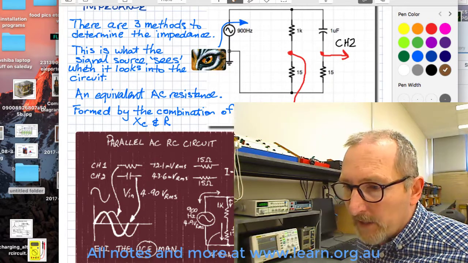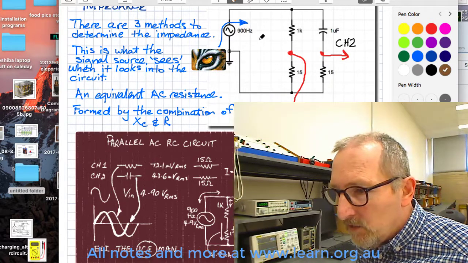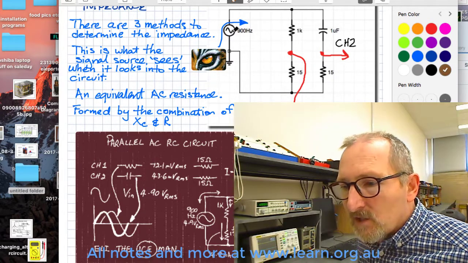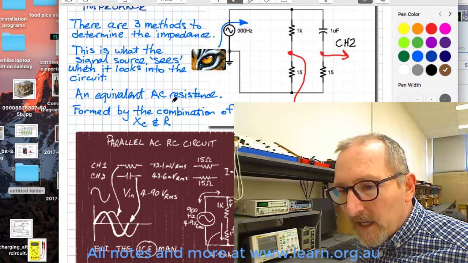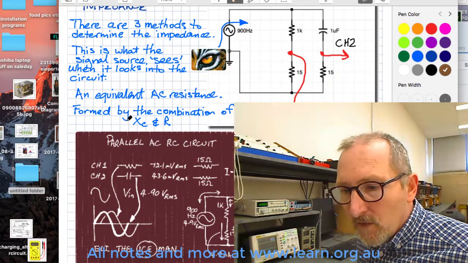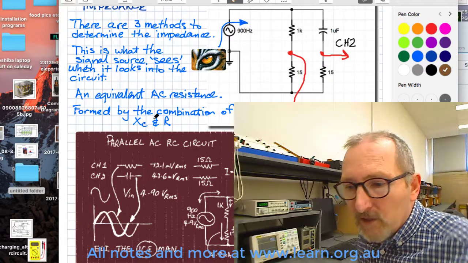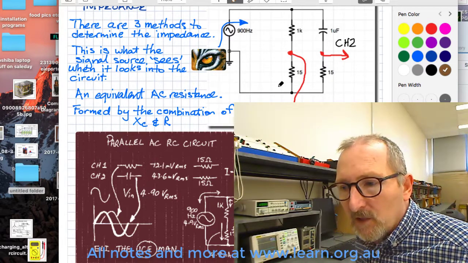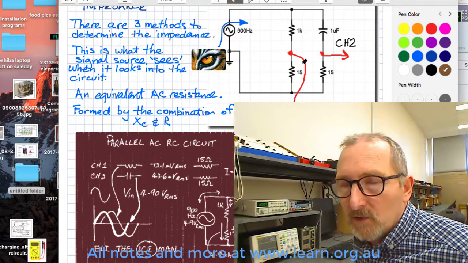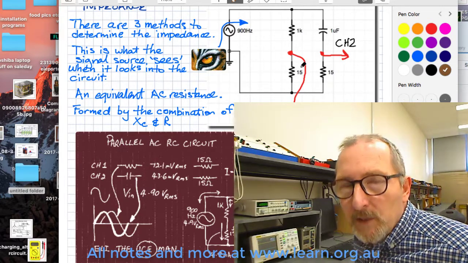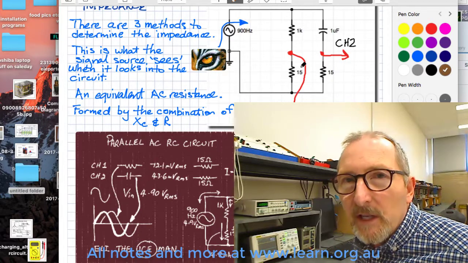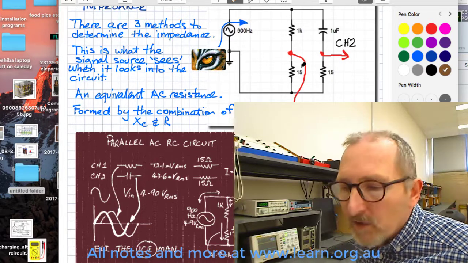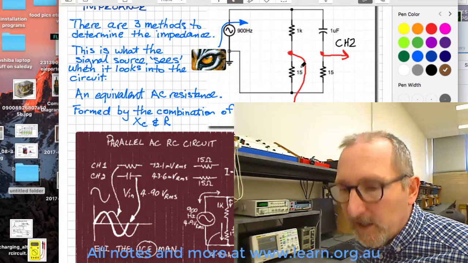So if we had an eye here looking into this circuit, it sees an equivalent AC resistance formed by the combination of, in this case, XC and R. If the circuit was purely a resistive circuit, of course the impedance would be equal to the resistance in that circuit. We've seen this before, so really just a little bit of revision here.